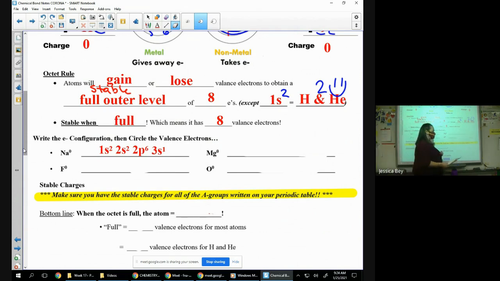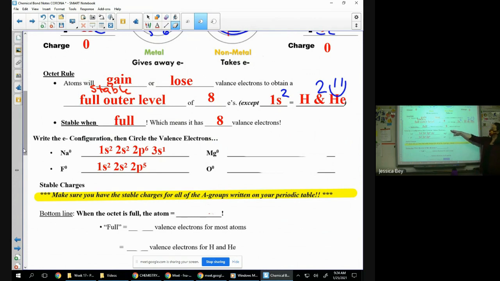That was from the last unit. Awesome. Fluorine, 1s has 2, 2s has 2, 2p has 5. All righty.